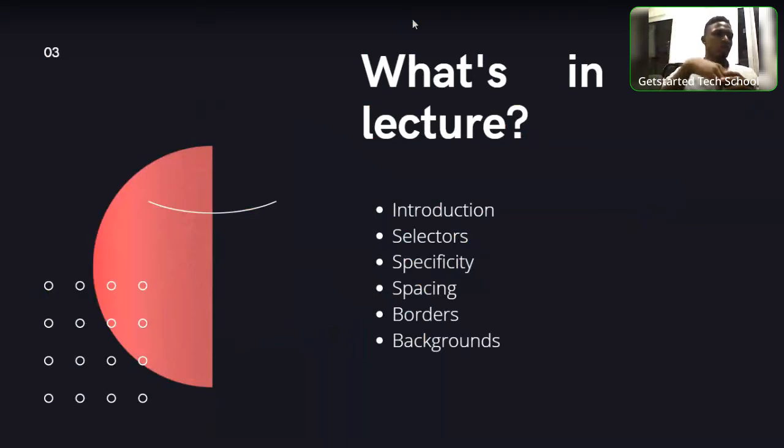By spacing, I mean things like margin, things like padding, and then we are going to cover the CSS box model in the spacing, and then we're going to talk about borders, how to add, like the name suggests, borders to particular sections of your code, and then backgrounds. How do you add a background image? How do you position background image?